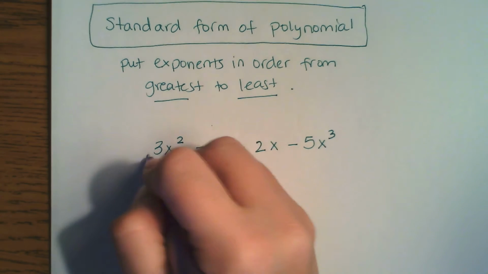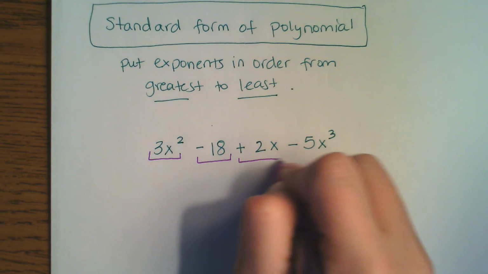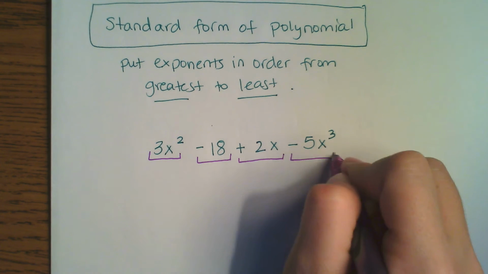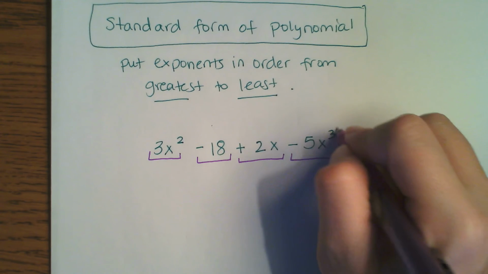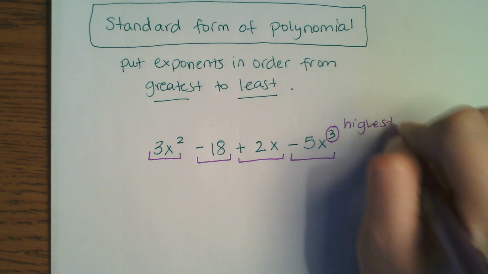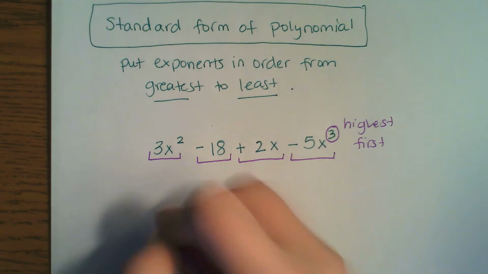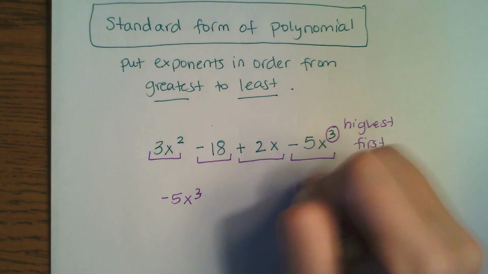So I have 1, 2, 3, 4 terms, and I want to put them in order based on their exponents. The highest exponent is going to go first. Negative 5x cubed. Would it be plus 3x squared?